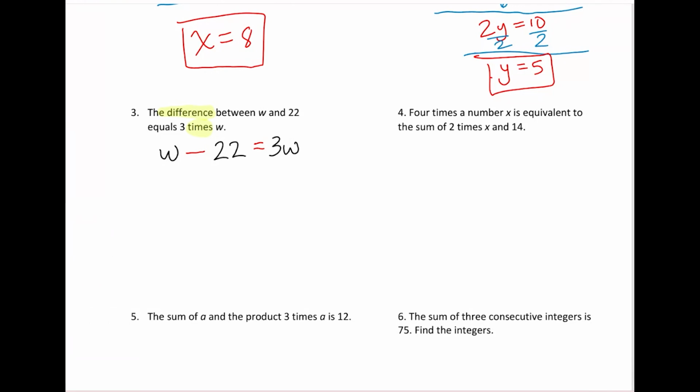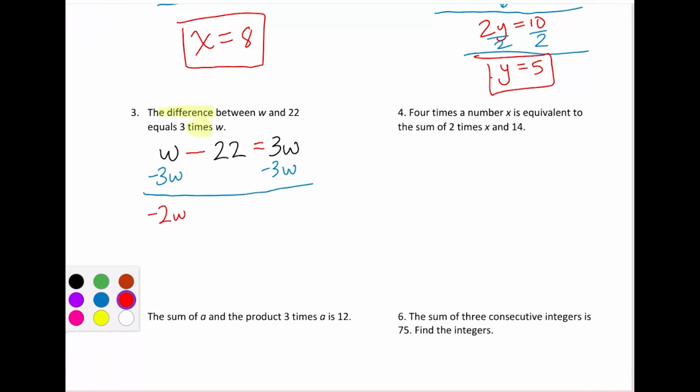So from here, we're going to subtract 3w from both sides to try to get all those w's on the same side. 1w minus 3w is negative 2w. Negative 2w minus 22 equals 0. And now we've got a nice little two-step equation.